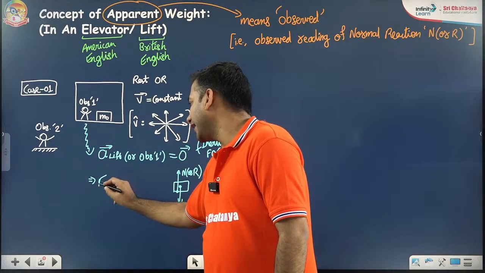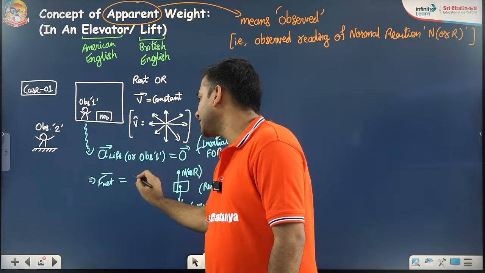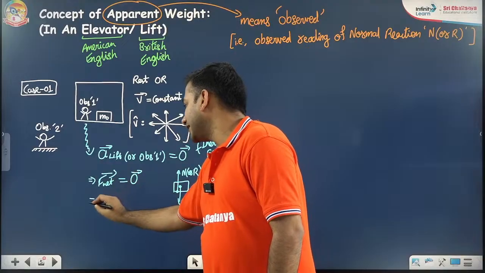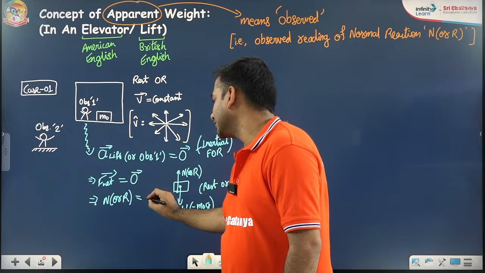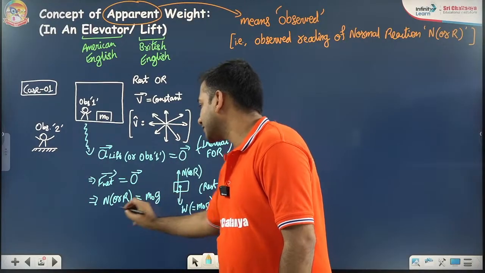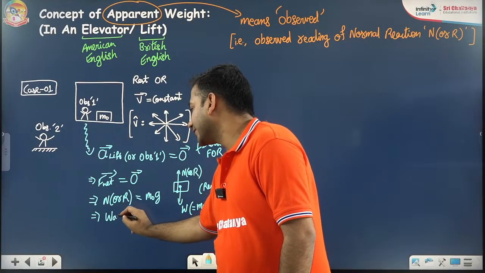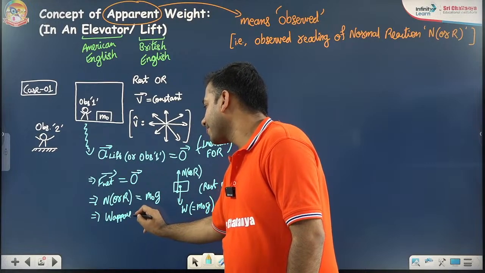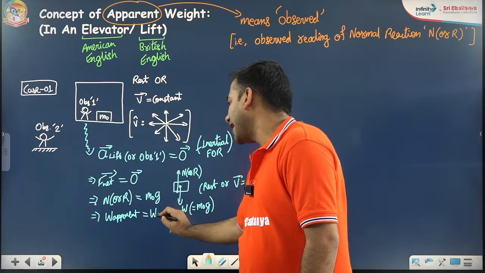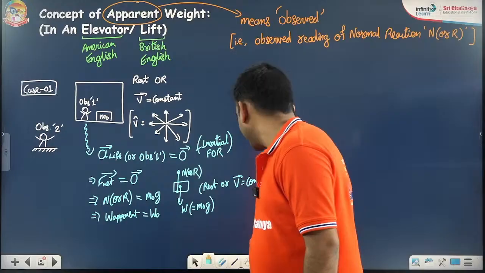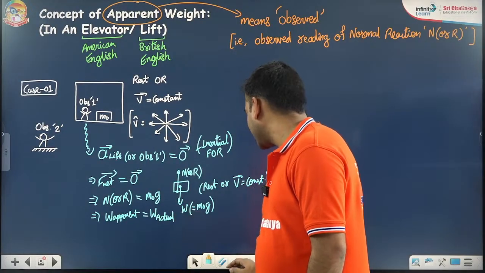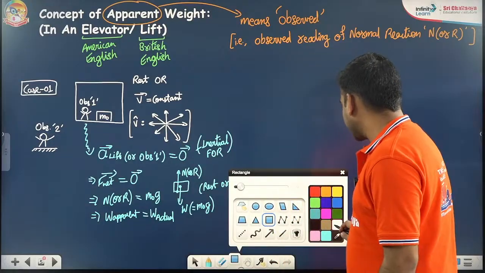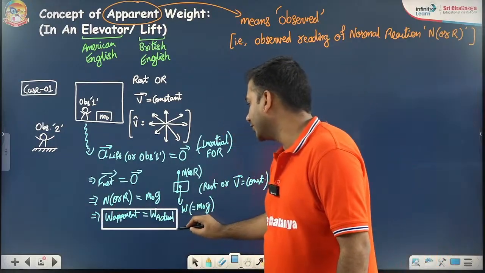So net force is going to be 0, which means net upward N or R must be equal to net downward m0 g. This implies your apparent weight will be equal to your actual weight. That is your conclusion here.